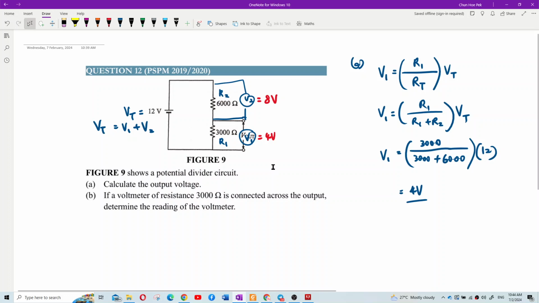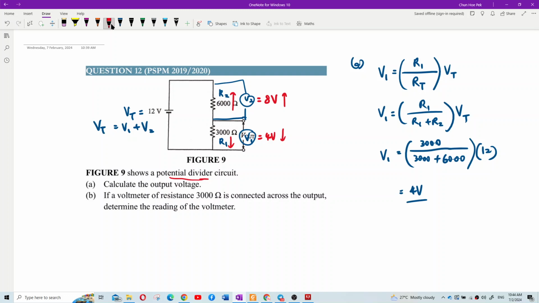You see? Smaller resistance, smaller voltage. Bigger resistance, like 6000, you get higher voltage. This is called potential divider. It divides the voltage according to the resistance.